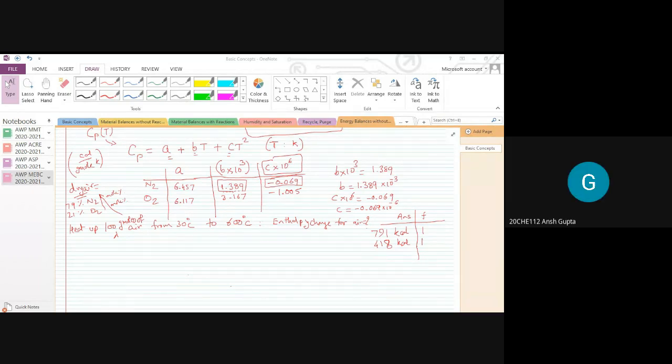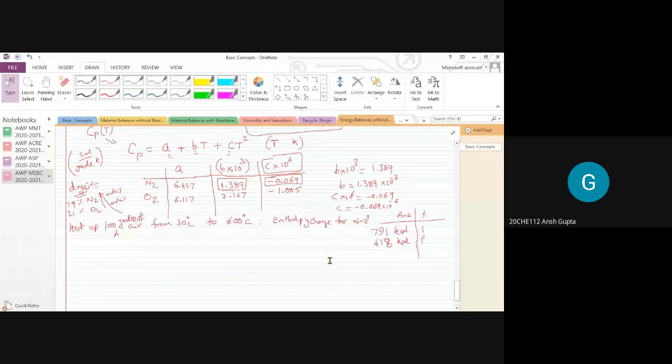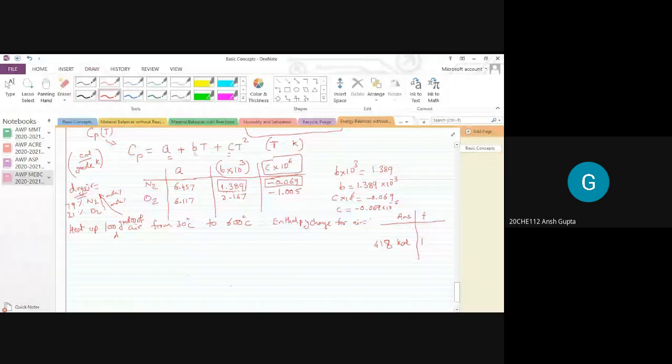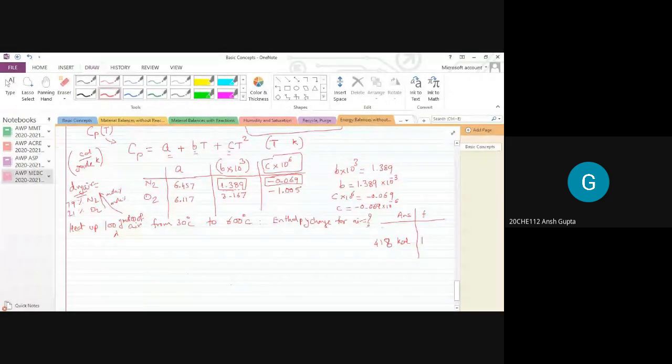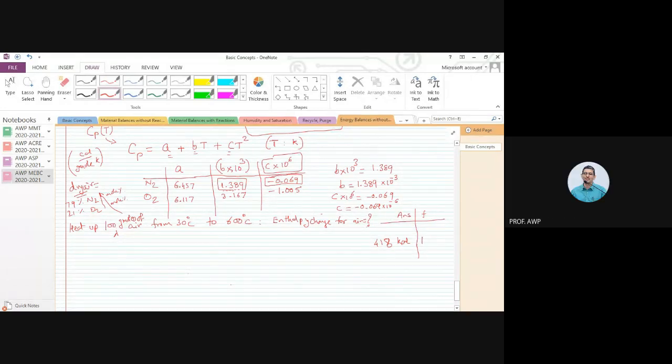I didn't consider the mole percent. So I'll change the answer. I'll calculate. Oh, okay. Yeah, I'll confirm in a minute. Okay. 418 is one answer.